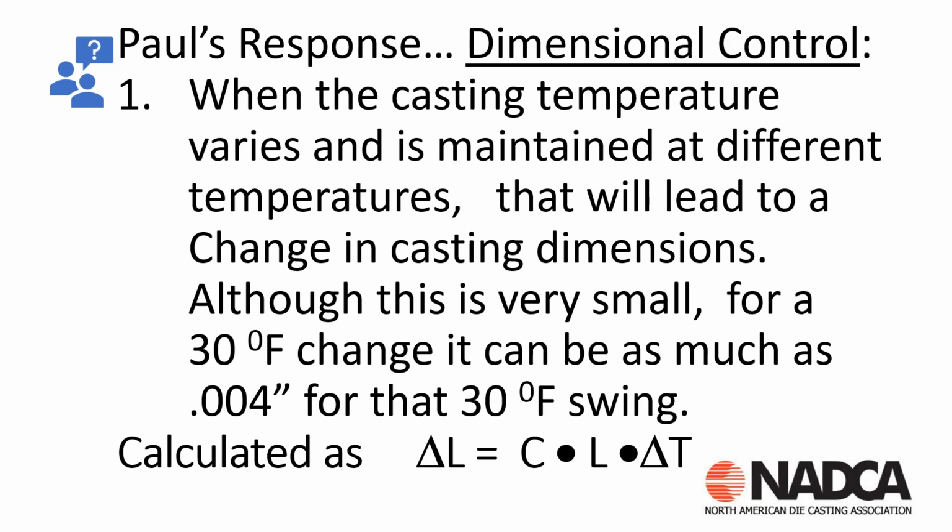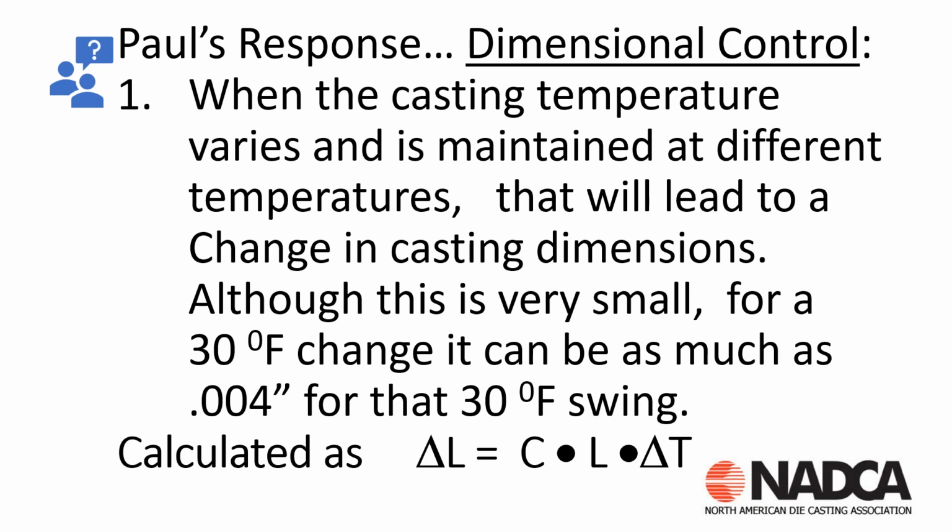It says that the change in length of an object is equal to its coefficient of thermal expansion times the original length times the change in temperature, or delta T. So if we have a 30-degree swing, that becomes our delta T. We have an original dimension, and then we have whatever the material is, the coefficient of linear expansion of steel, aluminum or zinc. So whatever the casting materials are, we can calculate the change in length.